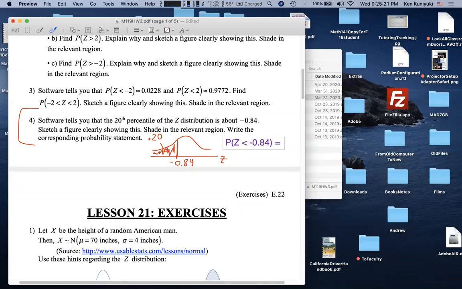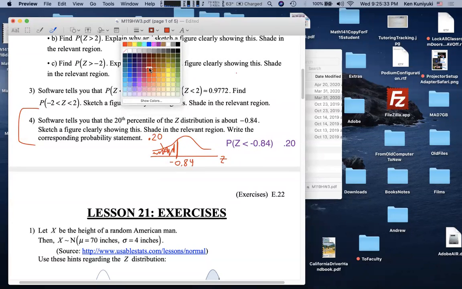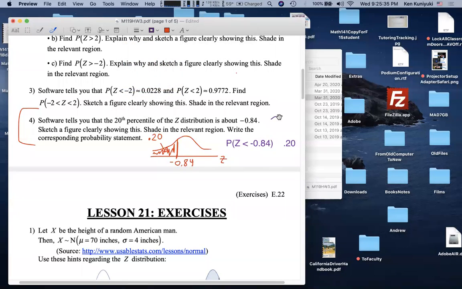I should put the squiggles technically, but pretend those are squiggles.